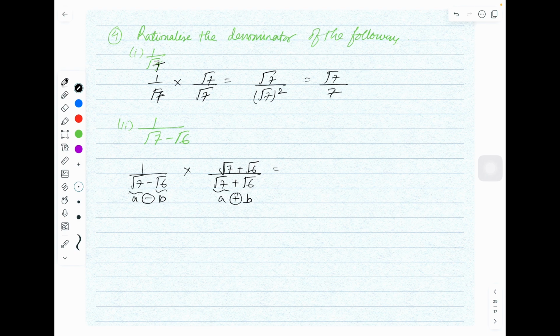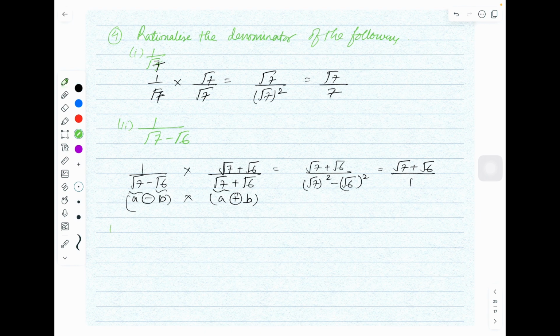So the numerator is root 7 plus root 6. This is A minus B into A plus B, that is A square minus B square. Instead of A we have root 7 square, and instead of B we have root 6 square. So this is 1. And at the top, we have root 7 plus root 6. Understood?